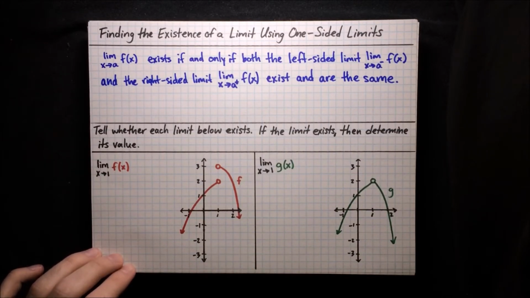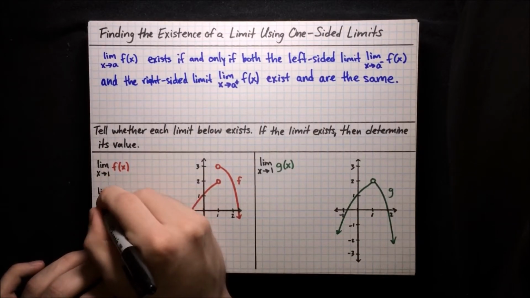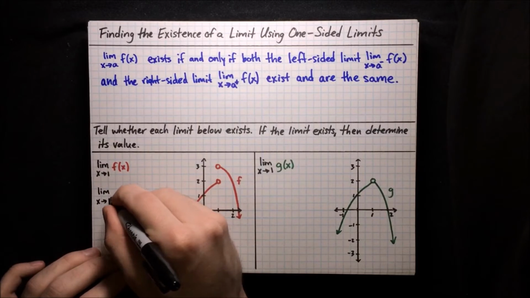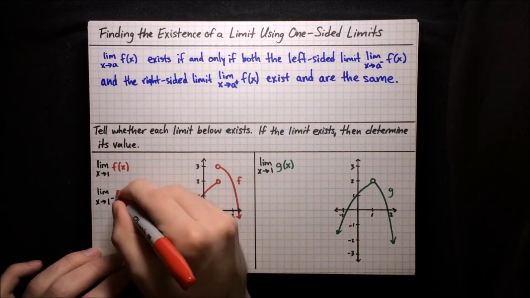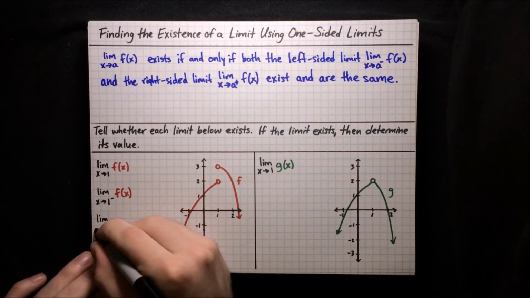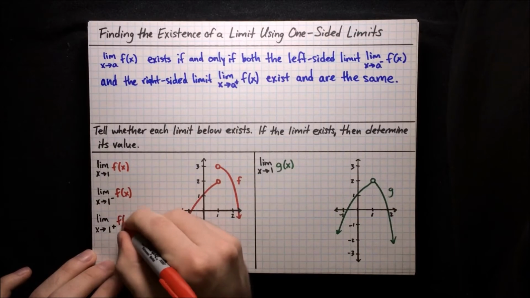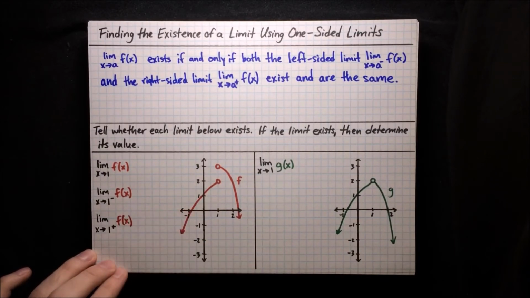Alright, so in order for this limit to exist, both the left-sided limit, limit as x approaches 1 from the negative side of f of x, and the right-sided limit, limit as x approaches 1 from the positive side of f of x, have to exist and be equal. So let's go ahead and compute them.